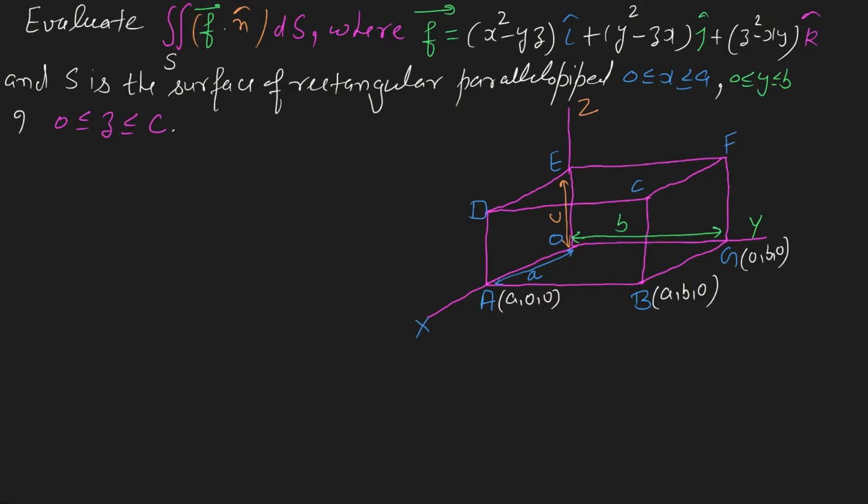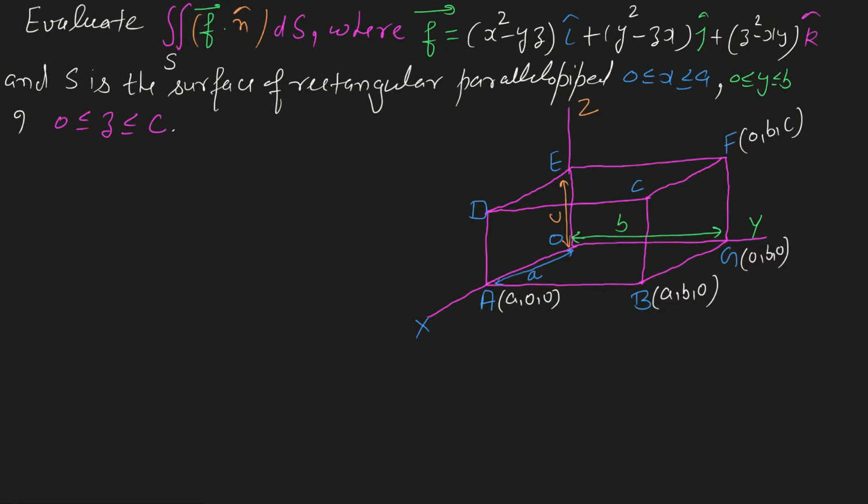Now see, this point F is in the zy plane, so x is 0, so this will have coordinates 0, b, c.